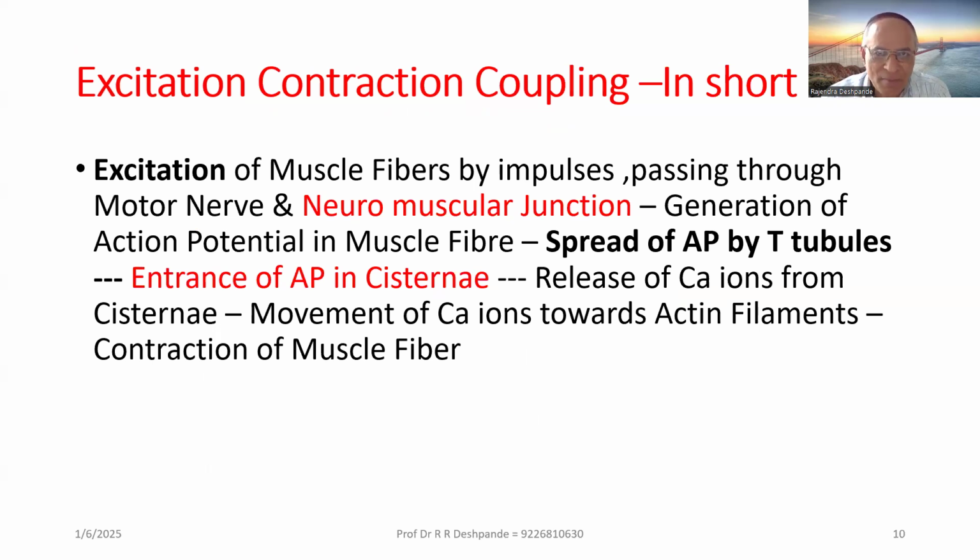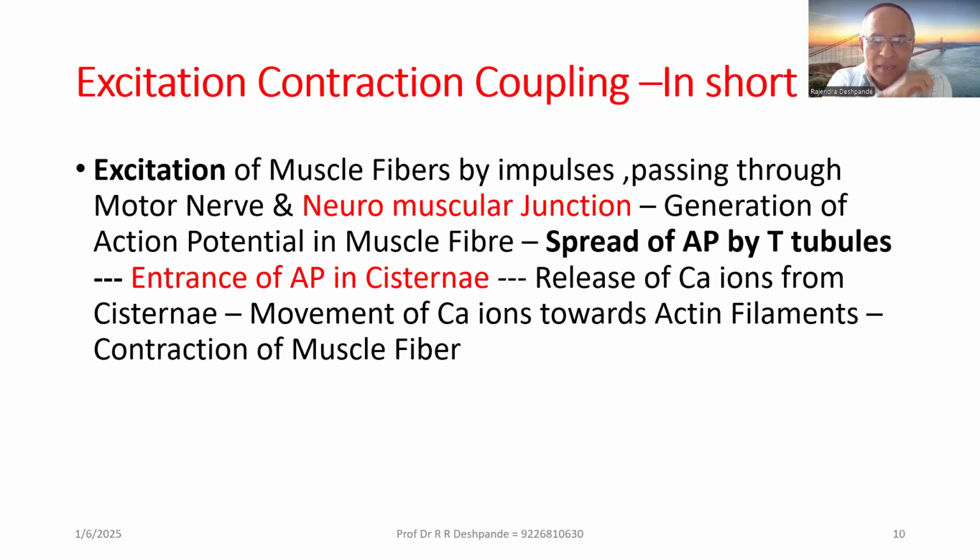Excitation contraction coupling in short. Excitation of the muscle fiber by the impulses passing through the motor nerve coming from brain to periphery. The stimulation comes to the neuromuscular junction. Nerve is coming, neuromuscular junction. Here, generation of action potential in the muscle fiber.